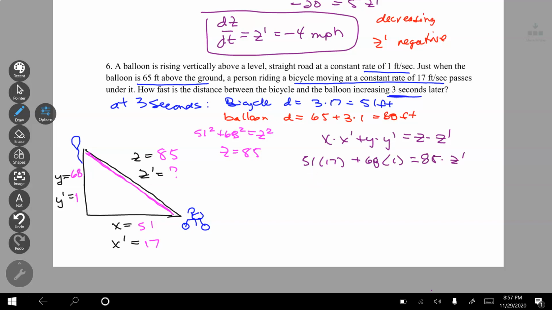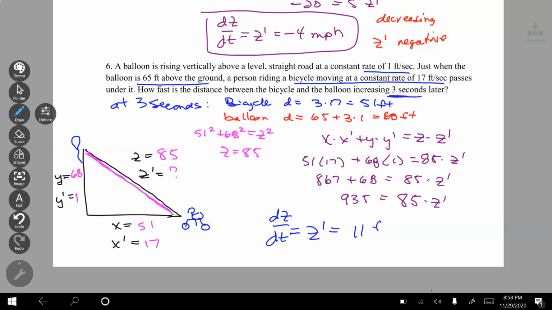I get 867 plus 68 equals 85 times z prime. 935 equals 85 times z prime. Wow, that's pretty messy. I divide by 85. So I get my rate of change, or my z prime, is equal to 11 feet per second. That's how the diagonal distance between the two is changing in the moment.